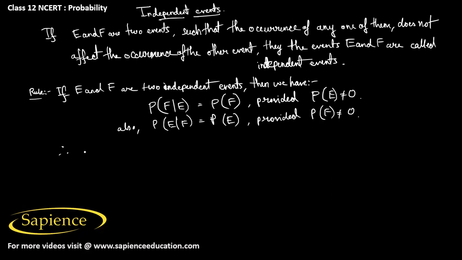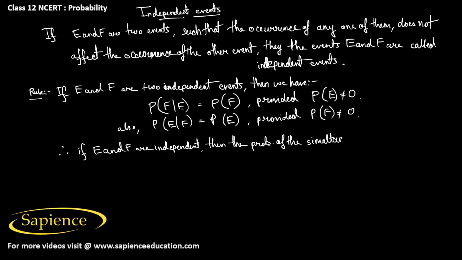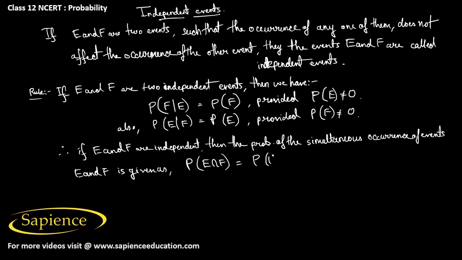So the rule is that if E and F are independent events, then the probability of the simultaneous occurrence of the events E and F, the probability of E intersection F, will be equal to the probability of E times the probability of F given that E has happened.